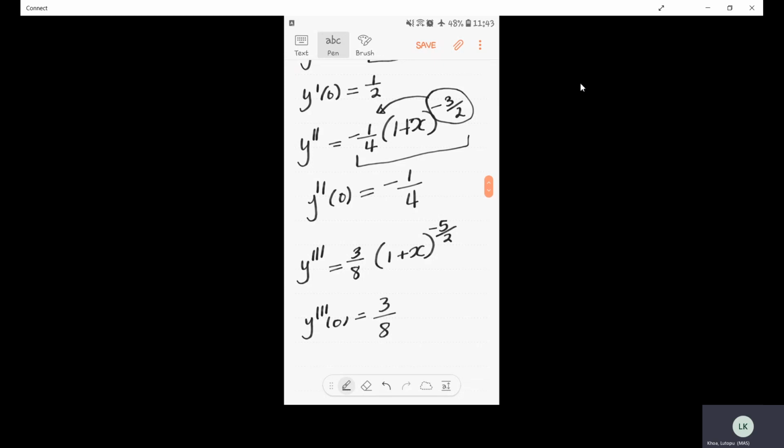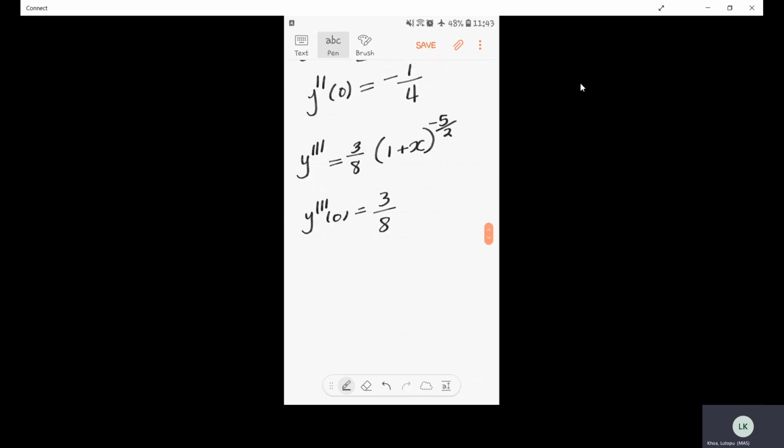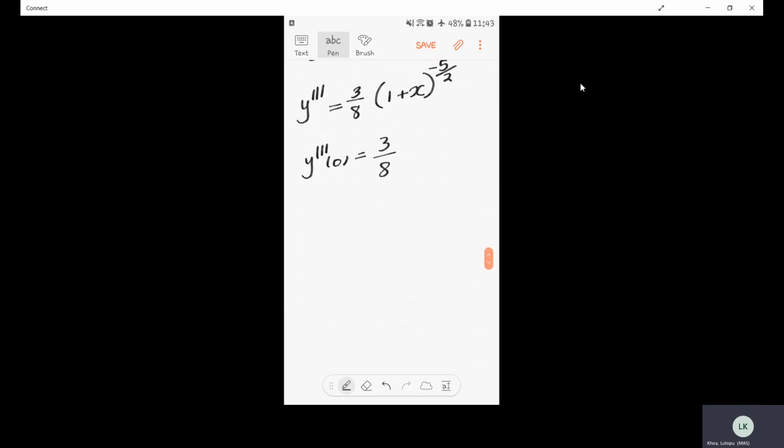Okay, so I think I have enough terms now to rewrite this as the Maclaurin series. So remember your f of x, or your y, use y here.